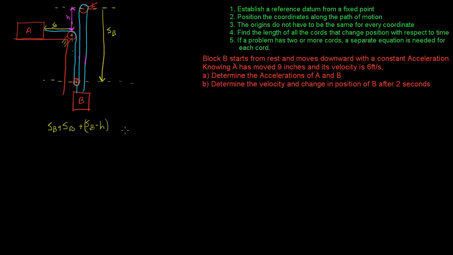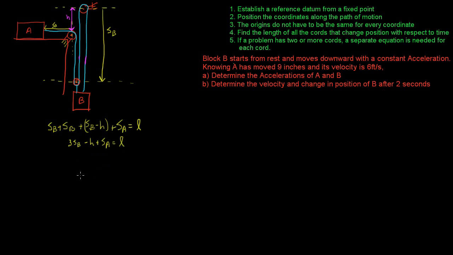So this is S_A, and this is equal to some length. We can clean this up a bit and get 3S_B minus H plus S_A is equal to some length.